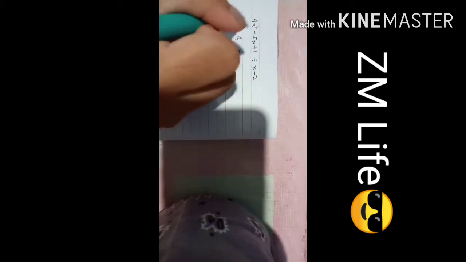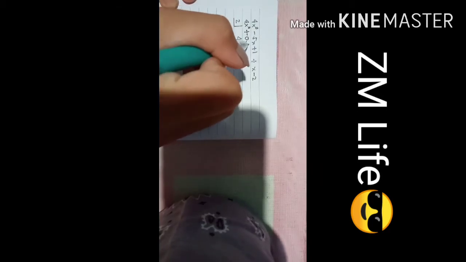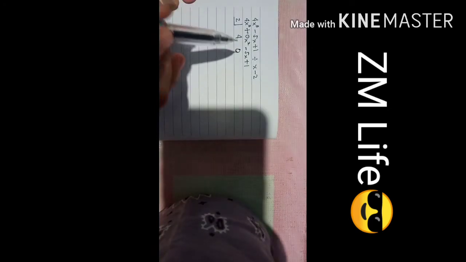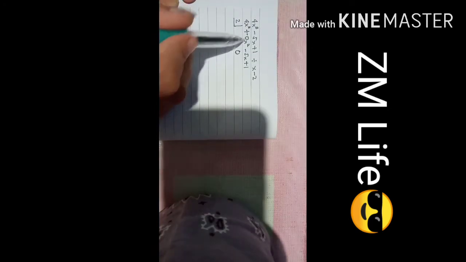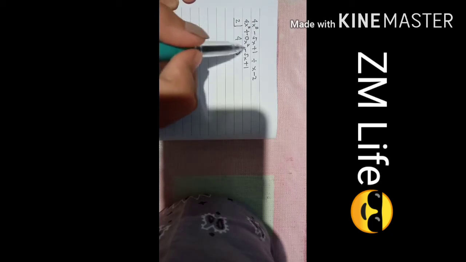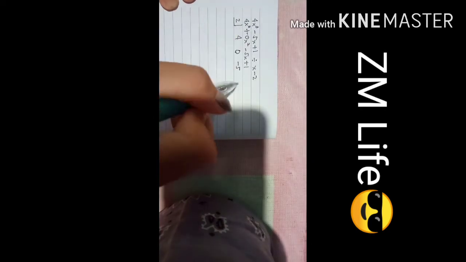Kasi ang magiging itsura niyan ay ganito. 4x cubed plus 0x squared minus 5x plus 1. Okay? Kaya naglagay tayo ng 0 as the representation of the squared. Then, negative 5 and 1.